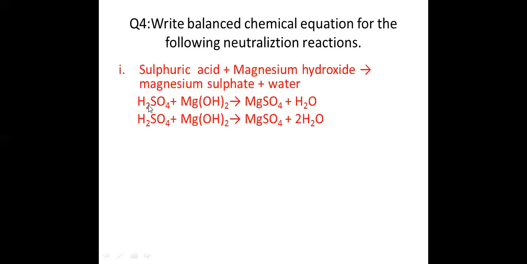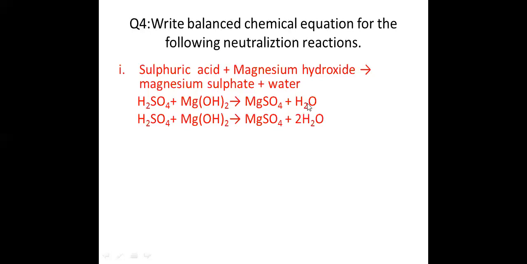Now let us see that in sulfuric acid there are two replaceable hydrogen atoms, and in magnesium hydroxide there are two hydroxyl groups. So for two hydrogen atoms, two hydroxyl groups are already present. It means hydrogen and hydroxyls are balanced, but water is not balanced.